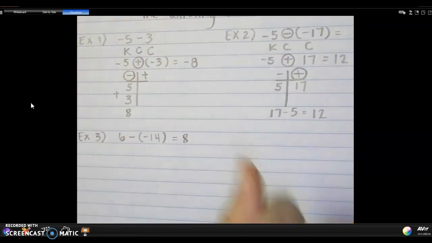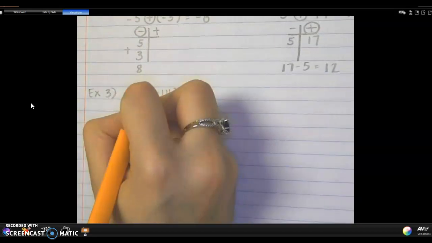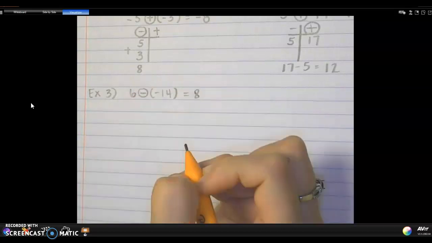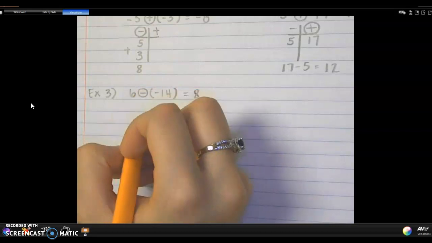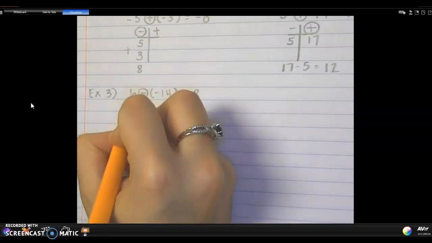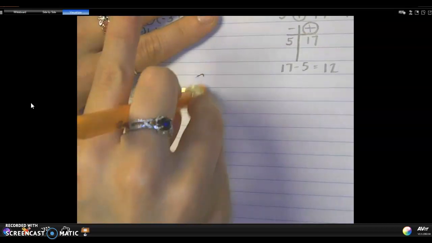Or actually, let's do this one together, because I want to show you a little trick. So first, always look for your operation symbol in between, which is minus. So then we ask ourselves, which strategy do we use? And we use KCC. I don't know why I put equals 8. It doesn't equal 8.